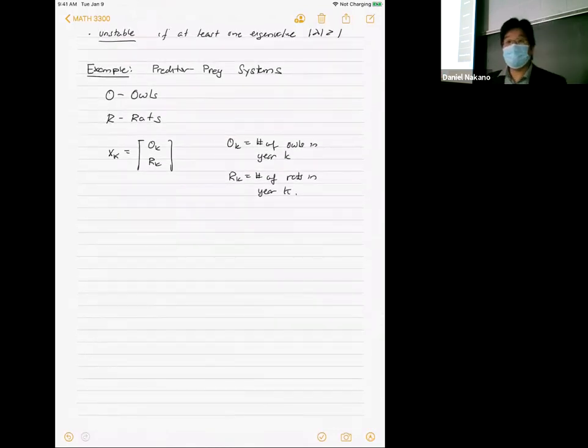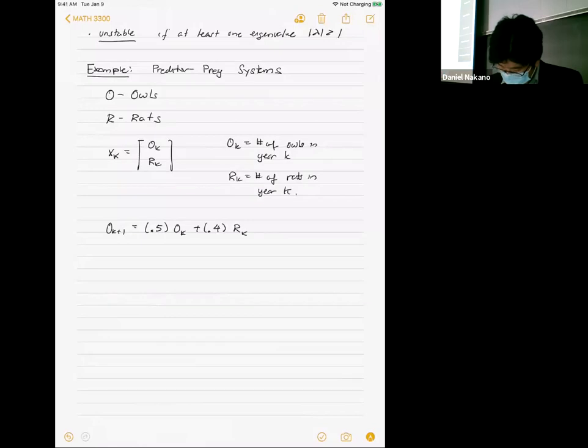Now, let me give you some data. People go out into the field and figure out how many rats and owls live after a certain amount of time. So in year k plus 1, you have 0.5 of the owls that remain, plus 0.4 times the number of rats.